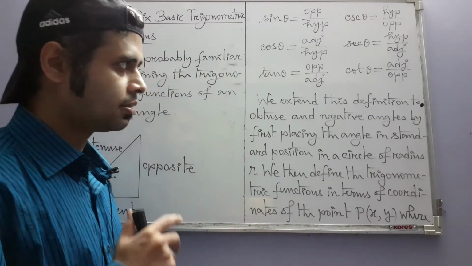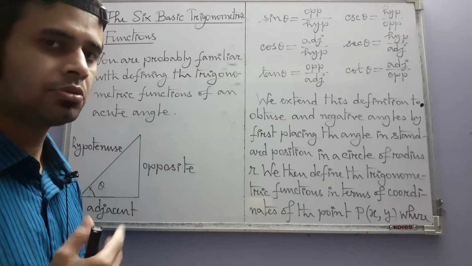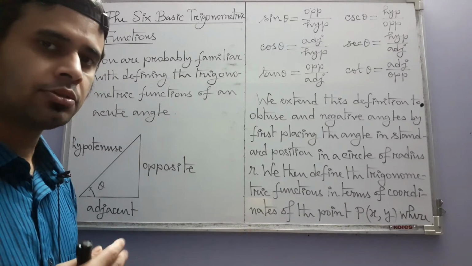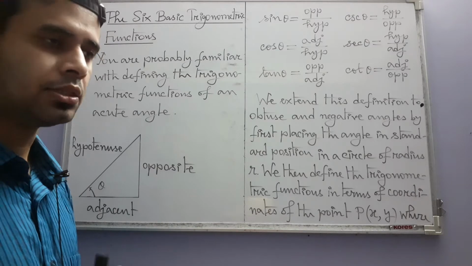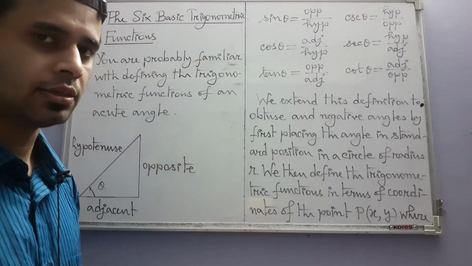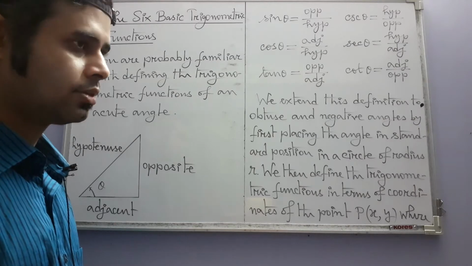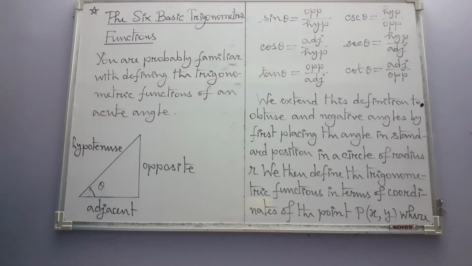There we said that the basic trigonometric functions, which we probably already know, can also be extended to those angles, that is, negative angles and angles which exceed 180 degrees, 360 degrees in fact. So here we will see that extension, and this part starts like this.